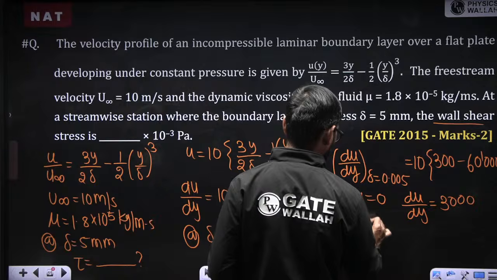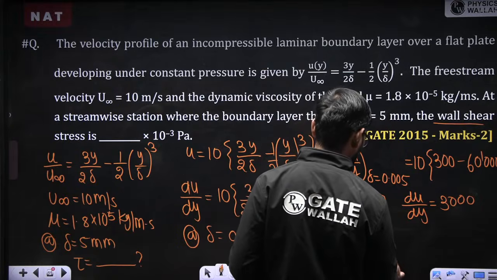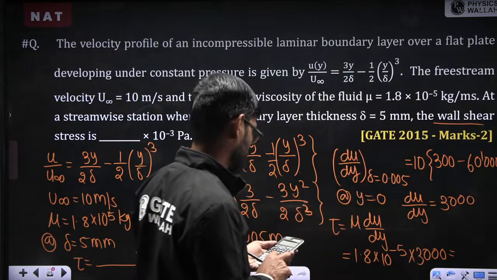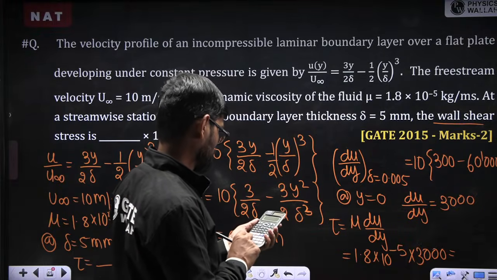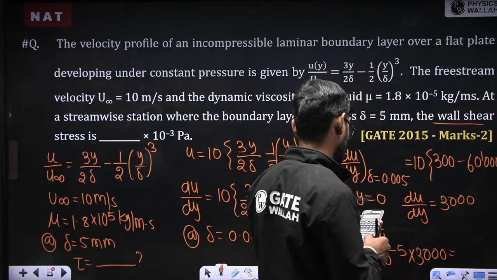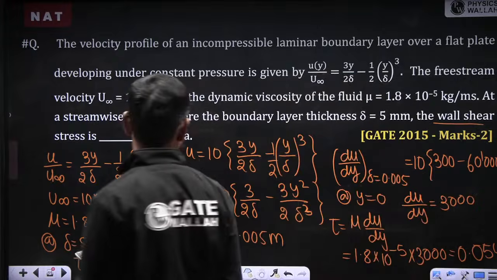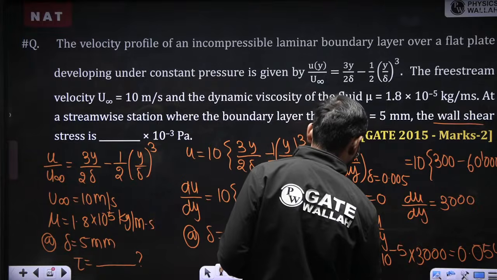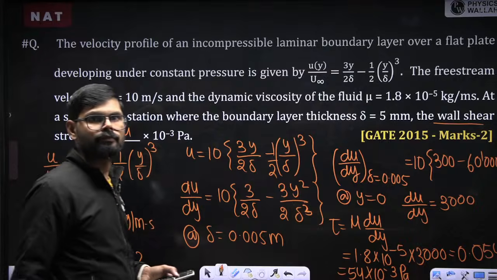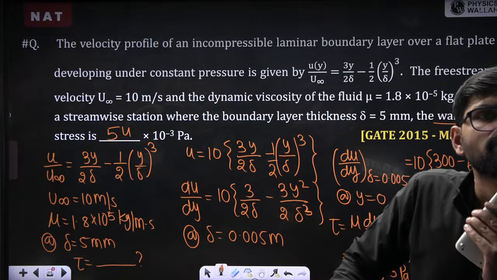Tau is equal to mu du by dy. So mu value is how much? 1.8 into 10 to the power minus 5 into 3000, or we can write 54 into 10 to the power minus 3 Pascal. How much? 54? Yeah, correct.